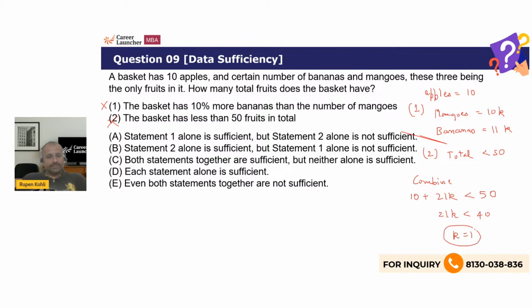Answer is C. Prabhakar is correct. Perfect. K can only be one, not two. 21 into 2 is 42, which is not less than 40. Good to see your participation. Thank you. Answer is C.